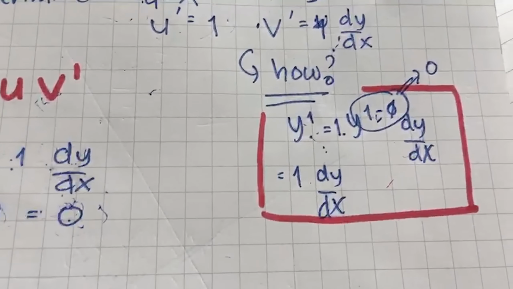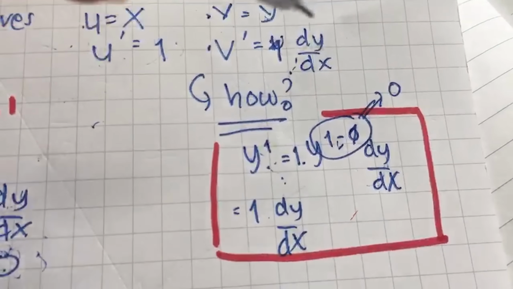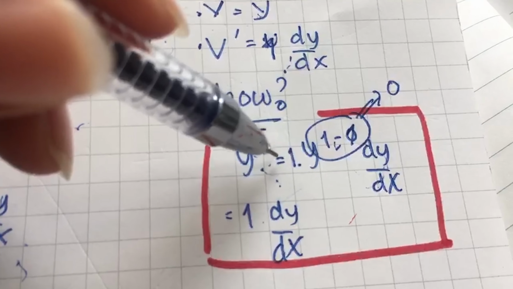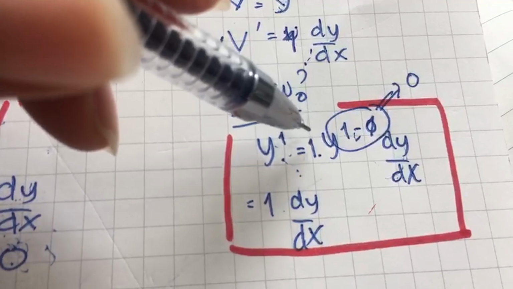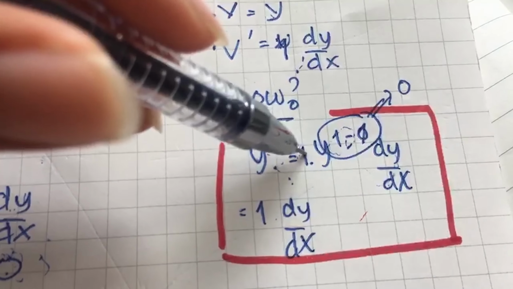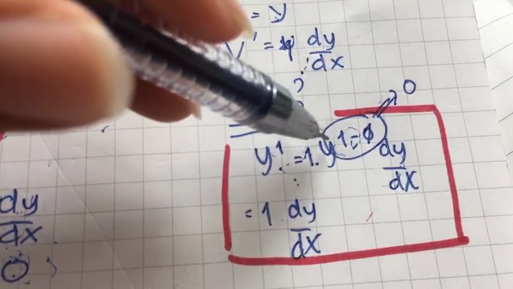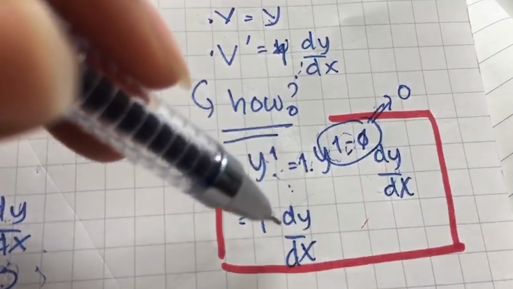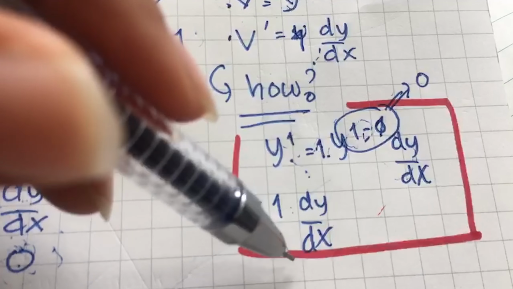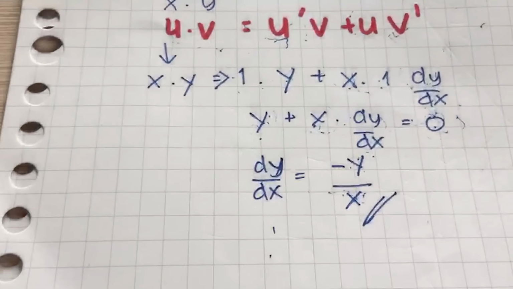This is the way: y, there is dy per dx. So first is y to the 1 equals 1. This is the n, so we put the 1 in front of y, and 1 minus 1 equals 0. So y to the 0 is 1 dy per dx, because we only derive with respect to x. So this is the result.